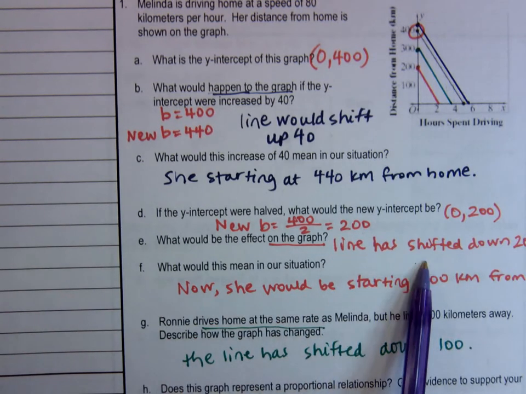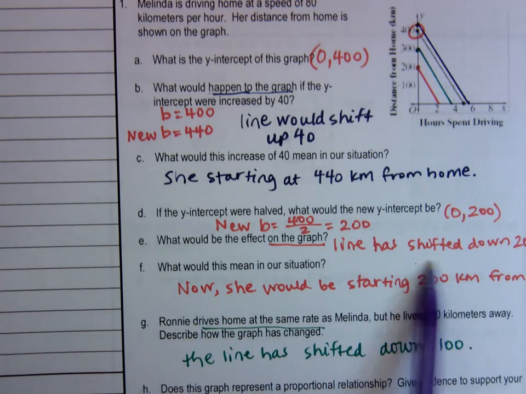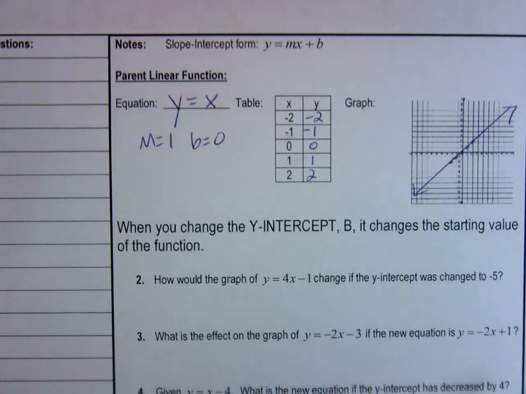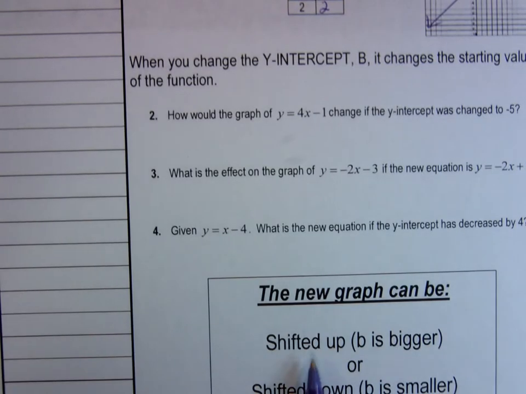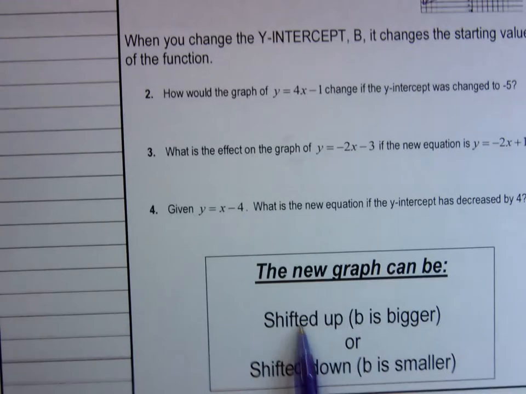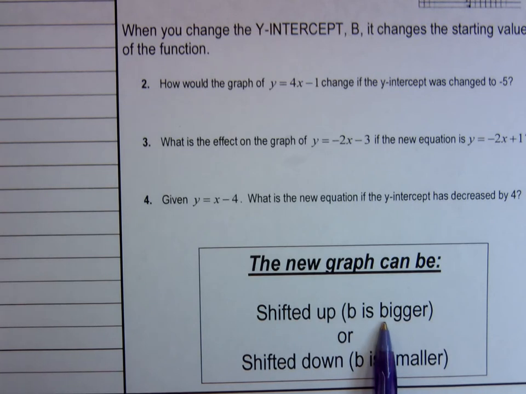It shifted down. So as you can see at the bottom of the page here, when you see a b that is bigger than the original one, that's a shift up. If you see a b that is smaller than the original one, then that is a shift down. And so let's look at number 2.